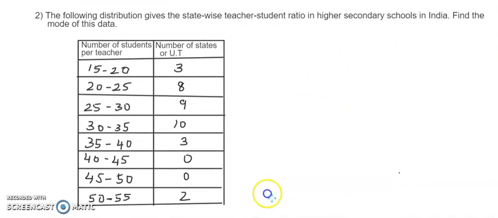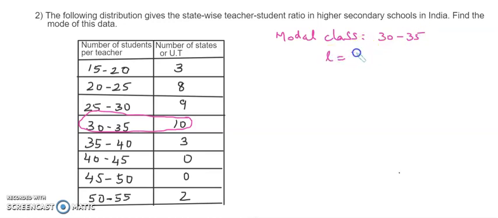Let's take a few more to understand this even more clearly. Look at this question and find the highest frequency. That is 10, so that will be my modal class. Let's list out the modal class. The modal class is 30 to 35, so the lower limit is 30. The class length is 35 minus 30, which is 5.